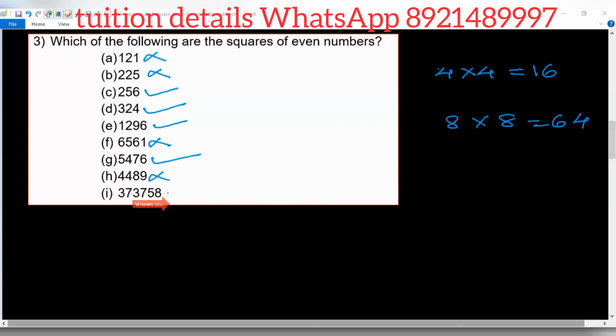Next one, see, this is not a square number, right? It ends with 8. That is why. So 256, 324, then 1296 and 5476 are the possible numbers which can be the square of an even number.